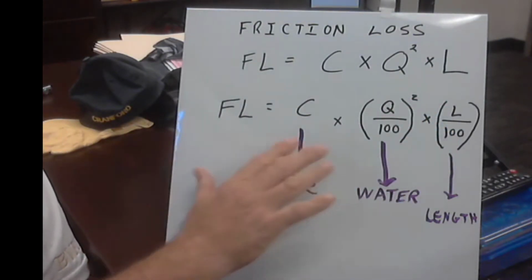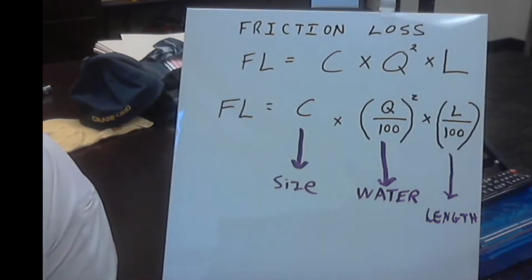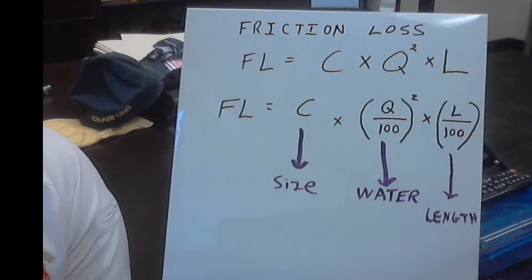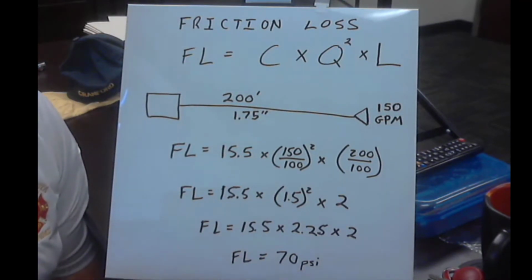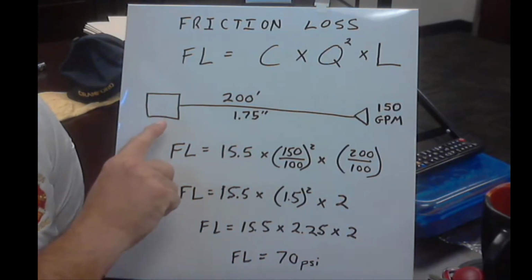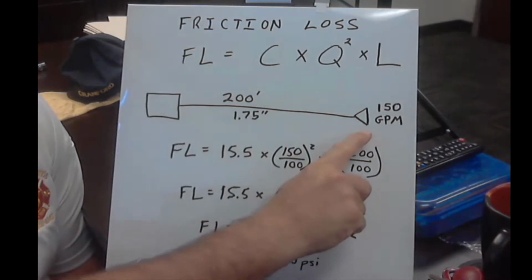Okay, so if we have this formula here that's given to us, and you're going to find that also on your pump chart, let's work through some examples. All right, on our first example here, for friction loss, we have an example of coming from our pump discharge all the way out to the nozzle here.